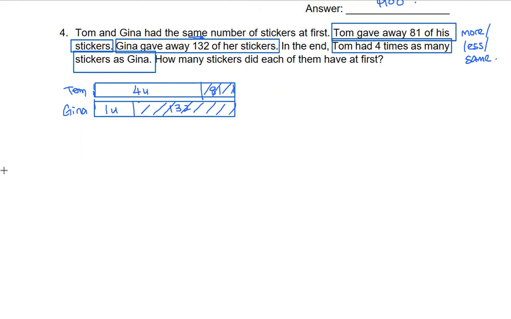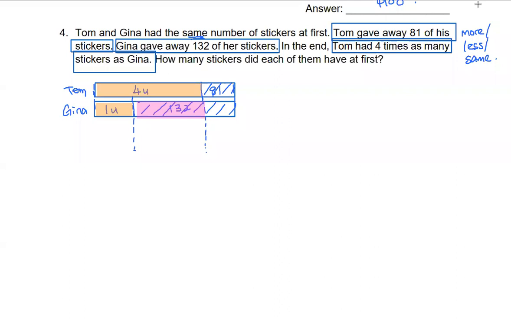Okay, we have finished drawing. So let's take a look. What can we find out? We can just focus on this middle part. If this is 4 units, and this part here, Gina, is 1 unit, can you tell me how many units is this pink color part?